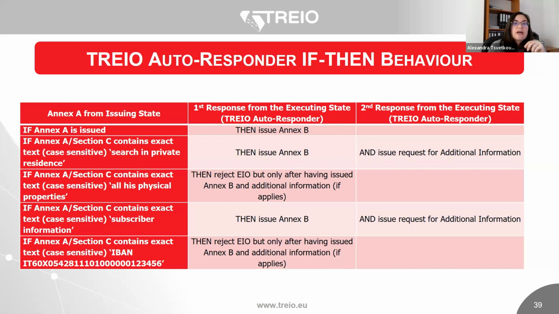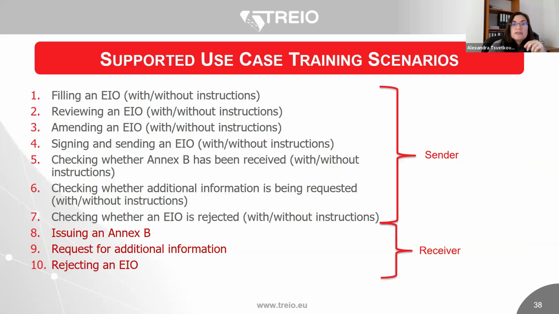So in the scenario, you have a number of steps that you need to undertake, and depending on the steps you go through, for example, filling in Annex A or Section C, you then receive through the autoresponder specific feedback coming from the system. And here in these scenarios, you can see what type of exercises we have.